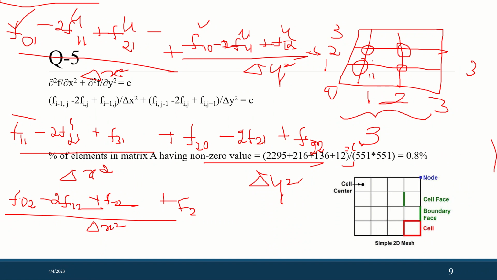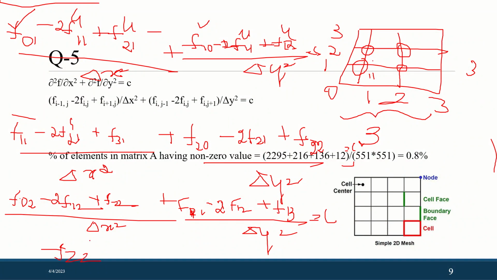So it is f(1,1) minus 2f(1,2) plus f(1,3) by delta y square is equal to a constant. So similarly we should be writing for f(2,2) also, and we would get one more equation.